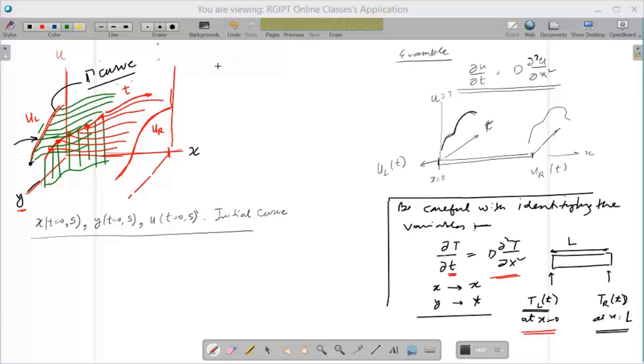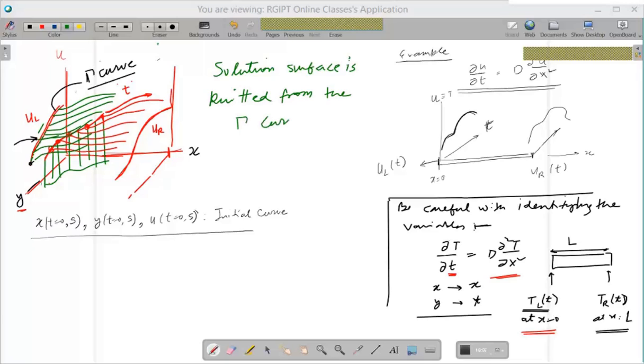So the solution surface is knitted on the gamma curve. The gamma curve is where t, the parameter, is equal to 0. That's what I mean by gamma curve.